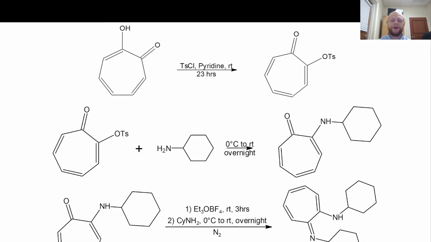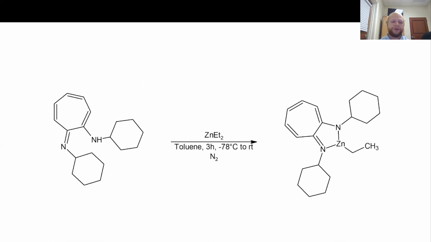After doing that, we were able to very consistently get our ligand in higher yields. So that was the first real roadblock that I had to overcome. Then I was able to use that ligand and complex it with diethyl zinc to produce our N-dicyclohexylaminotroponiamine catalyst.